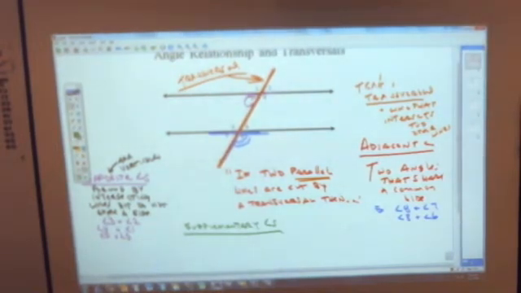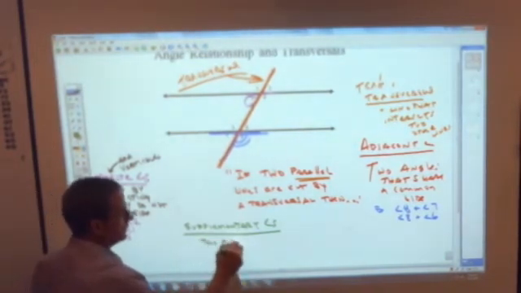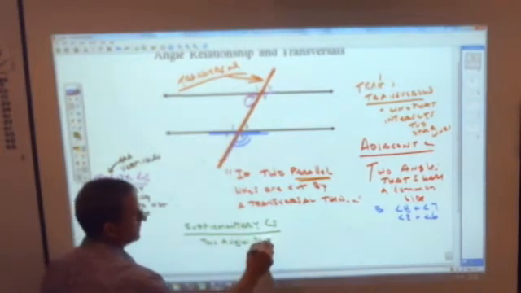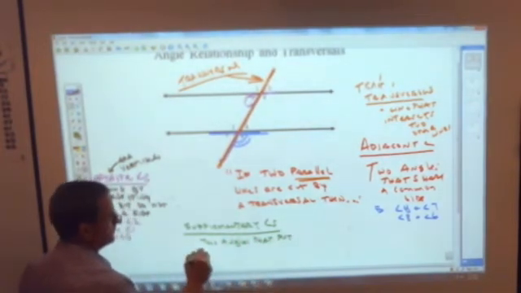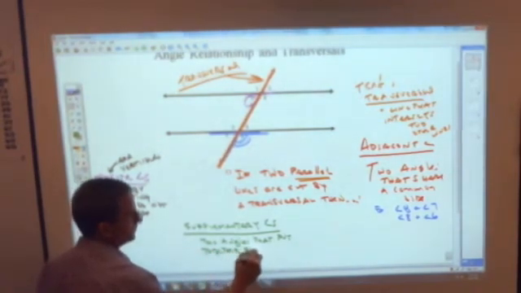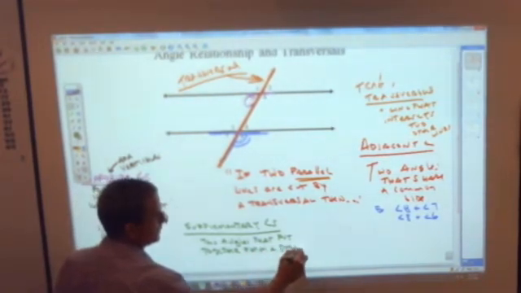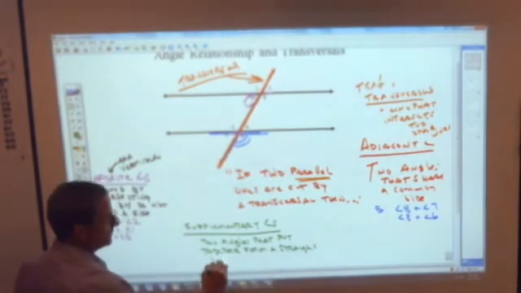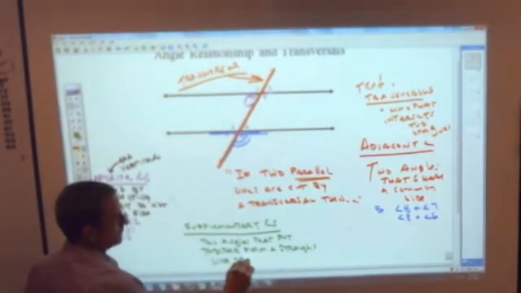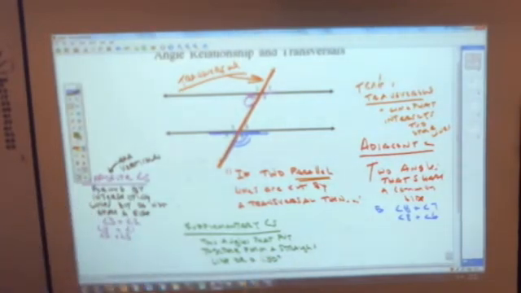Supplementary angles are two angles that put together form a straight line or equal 180 degrees.